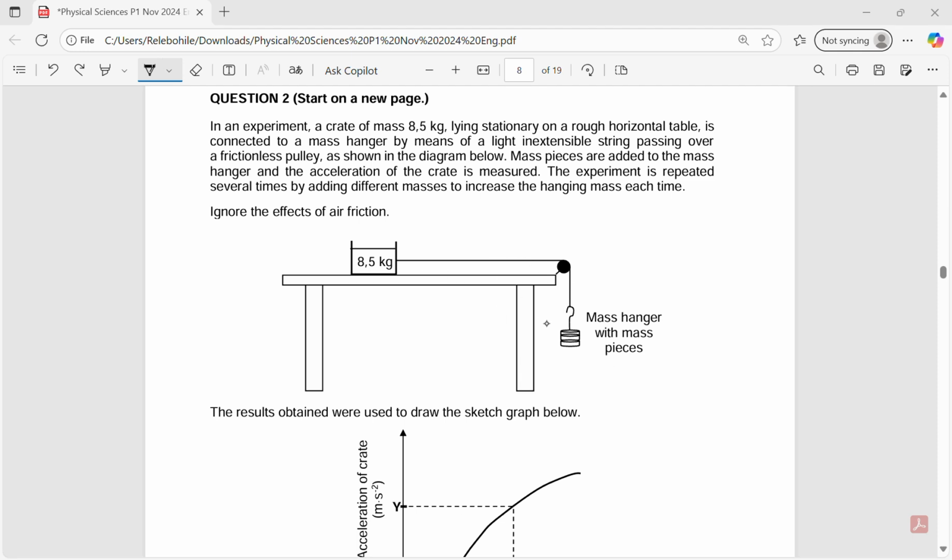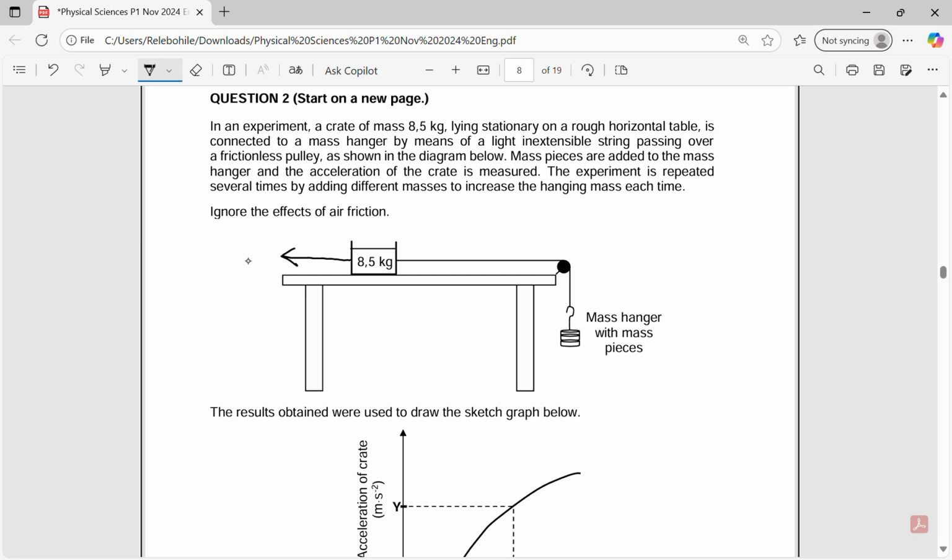So if we look at this diagram and the forces that may be here, we'll say that on the crate we actually have two forces. The first force is the tension force, which is the force on the string, and then we will also have the force of friction, and that friction in this case will be static friction. Then when we look at this mass hanger, we have two forces as well.